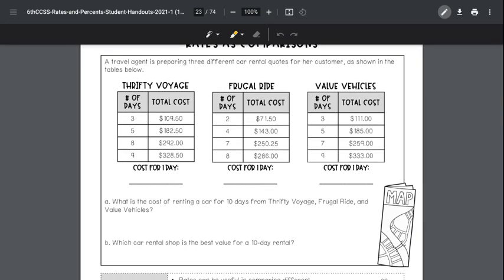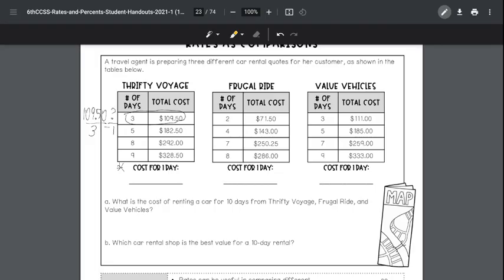So it tells us at Thrifty Voyage, we will spend $109.50 for 3 days. So that's my rate. Money, 109.50 over 3 days. I need to figure out how much it's going to cost me for 1 day. Okay, so 1 day equals how much money.